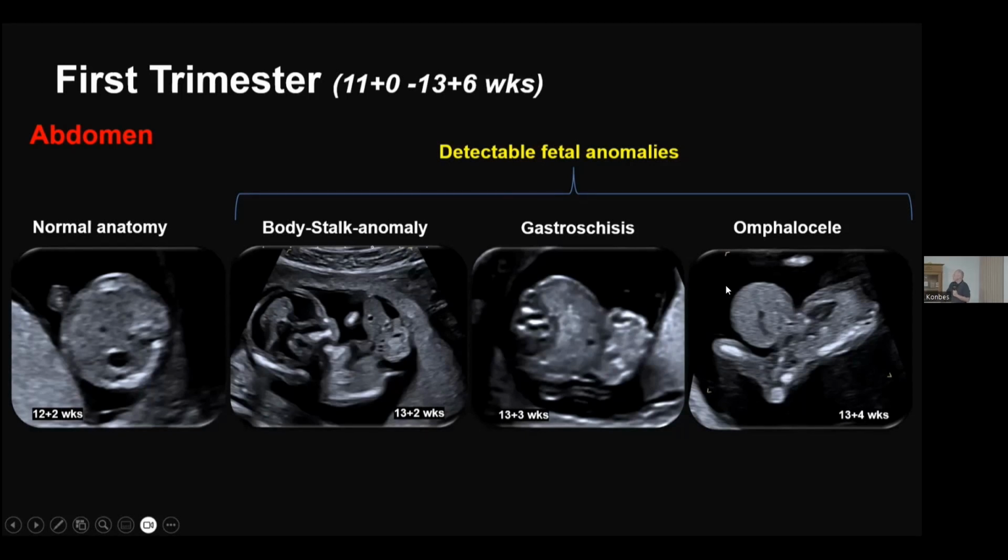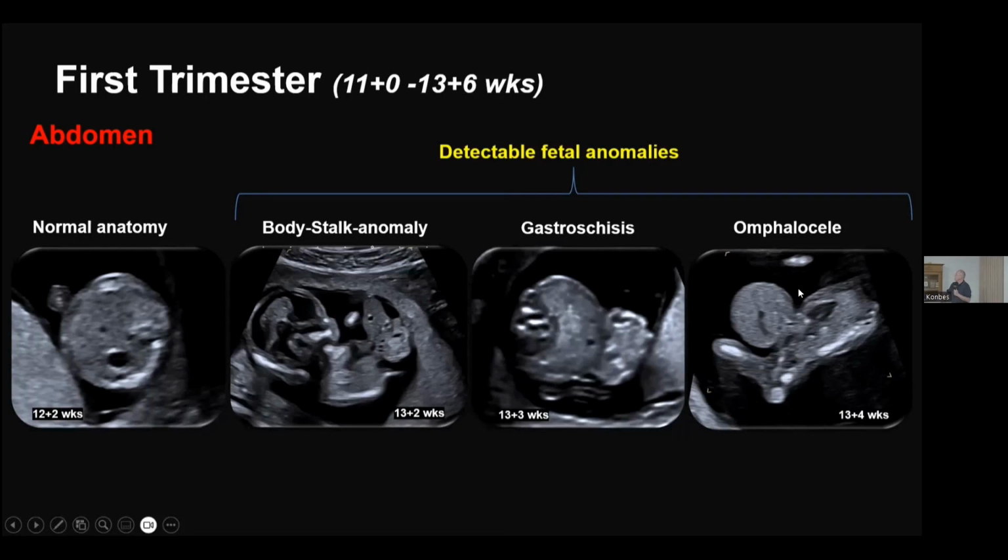And then the other thing, there was also a severe abdominal defect that was an omphalocele. But the prognosis of this baby is very bad. Gastroschisis has a very good prognosis. They have no higher risk for chromosomal abnormalities, but we should make a very detailed analysis of the anatomic structures.